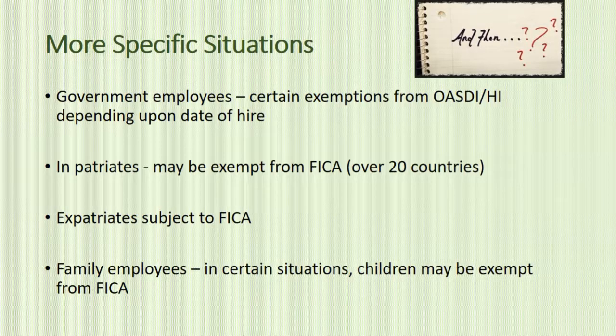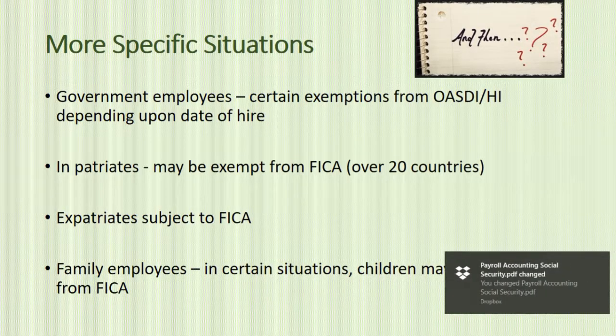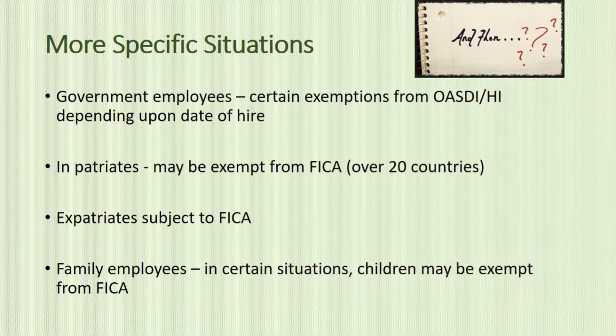Expatriates are employees that are U.S. citizens that are working on foreign soil for a U.S. company, and they are subject to FICA and may also be subject to a similar tax in the foreign country, depending upon the rules and laws in place there.